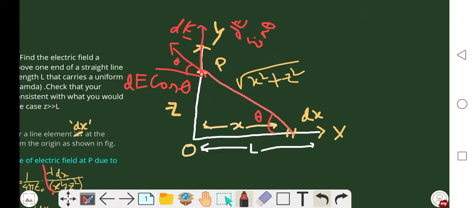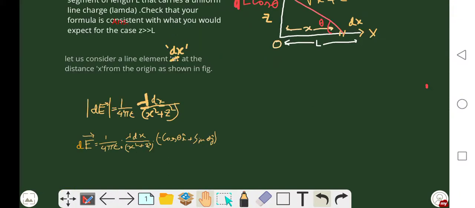As we can see, dE cos theta is opposite to the x-axis, so it is directed towards minus i cap, because the x-axis is along i cap, so opposite to it will be minus i. So what I write here is dE equals 1 by 4 pi epsilon naught lambda dx by x square plus z square, times minus cos theta i cap plus sin theta j cap.